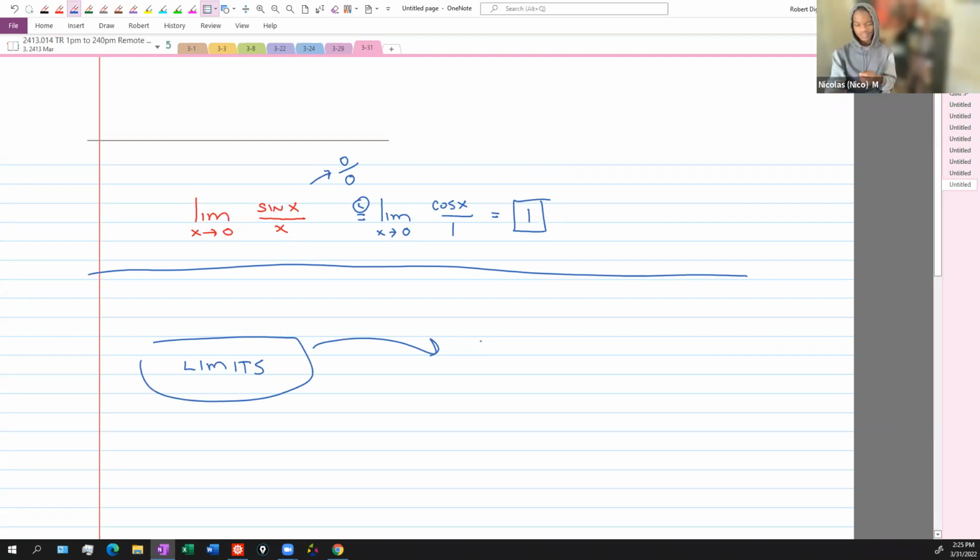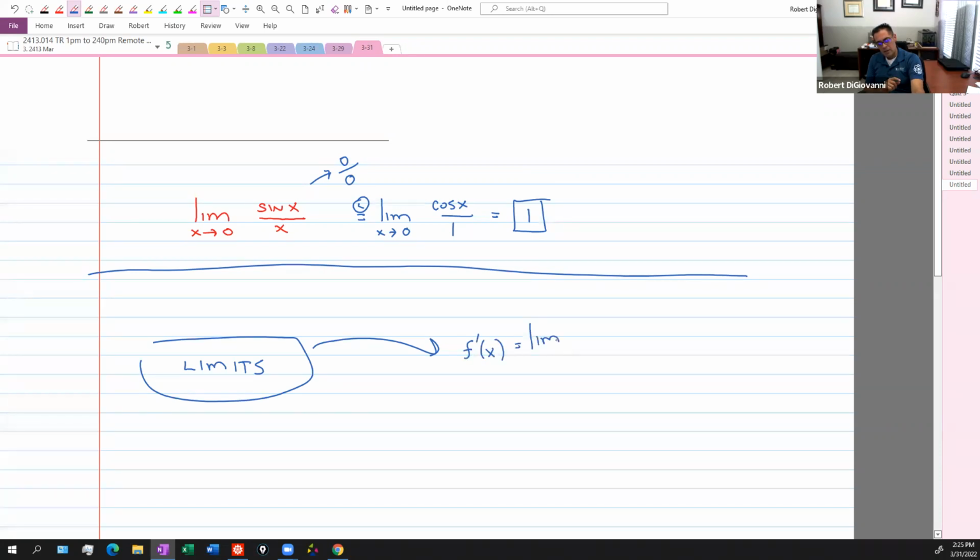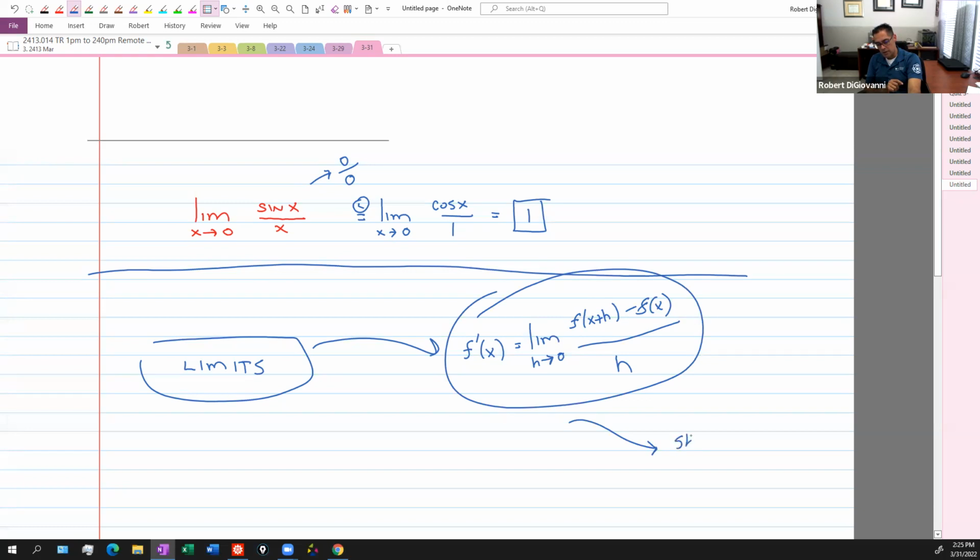We said, hey, there's this one particular limit that's very special, and it was f prime of x, the limit as h goes to 0 of f of x plus h minus f of x, all over h. And we suffered through that for a while. And then after that, we gave you all the shortcuts: power rule, product rule, quotient rule, chain rule, right?